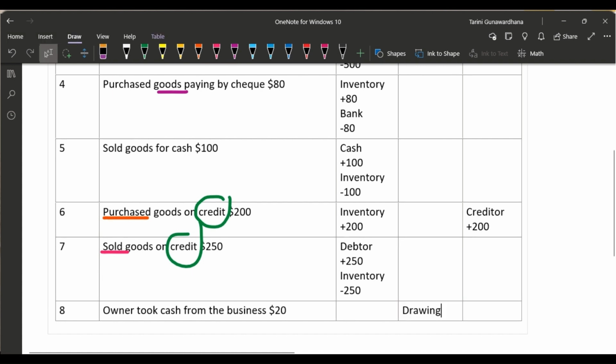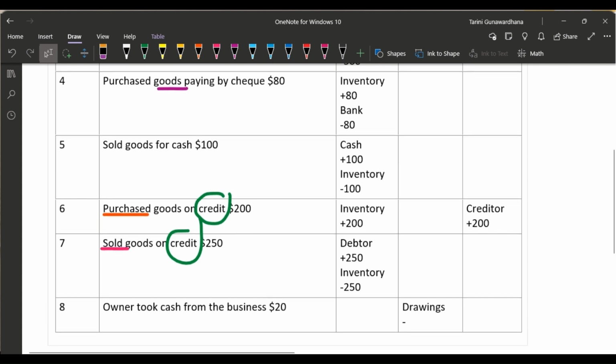So here we say drawings minus 20, and the owner takes cash, so the amount of cash in the business will decline. Cash minus 20.